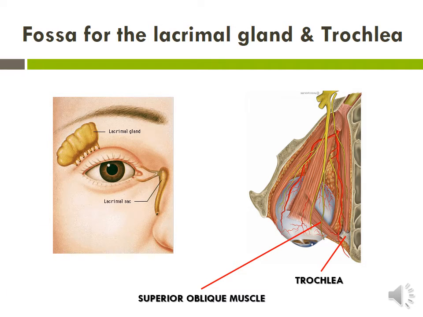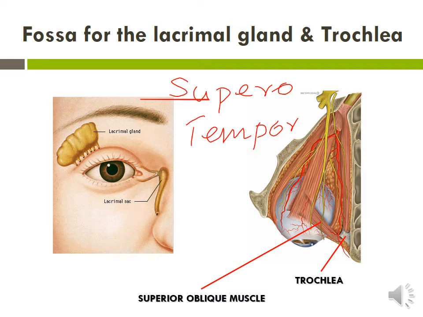Okay, so superior temporal, let me take a pen and try to write. The position of the lacrimal gland is superior temporal. Right, so that is the position of the lacrimal gland.